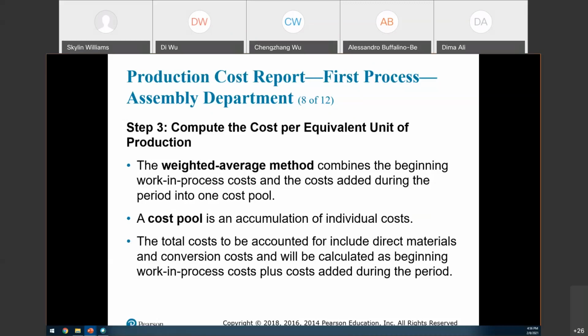Well, a cost pool is an accumulation of individual costs. The total cost to be accounted for includes direct materials and conversion costs and will be calculated as beginning work in process costs plus costs added during the period.